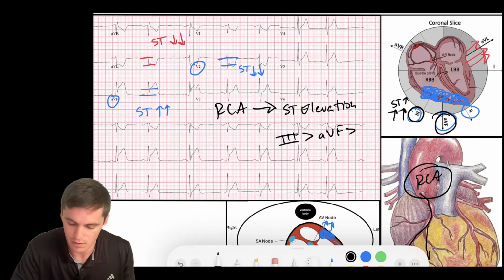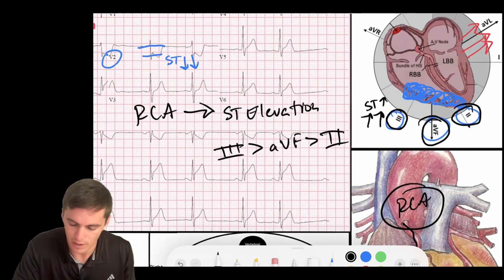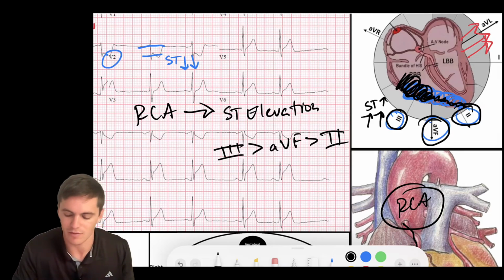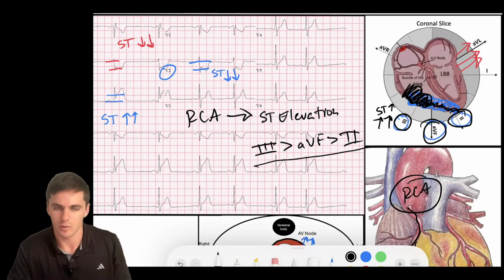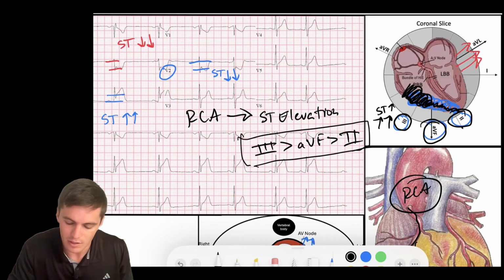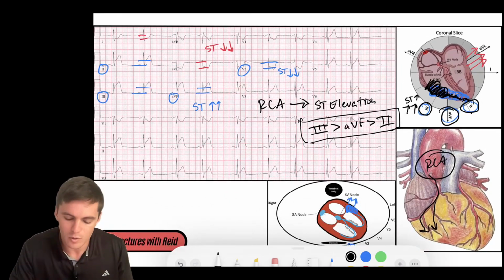AVF, greater than, what's next in line? Lead 2, right? Because the most infarction is going to be in this region over lead 3, and then to a lesser degree it peters off to AVF and lead 2. So we see the most ST segment elevation in leads 3, AVF, and then lead 2.